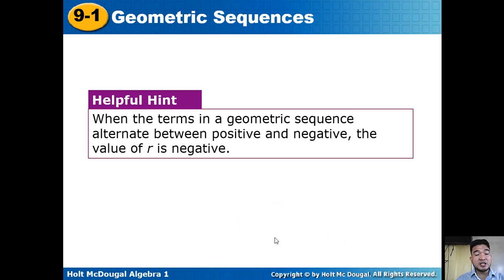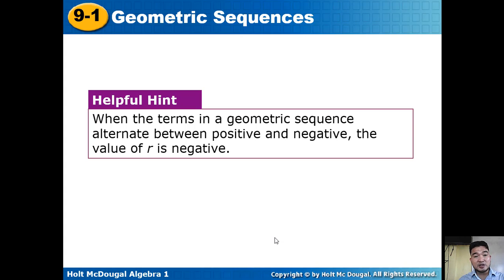So that means our common ratio, or the value of r, is equal to negative 1/3. When the terms in a geometric sequence alternate between positive and negative, the value of r is negative. Upon observation, if the sequence has alternating negative and positive terms, then automatically your r is negative.